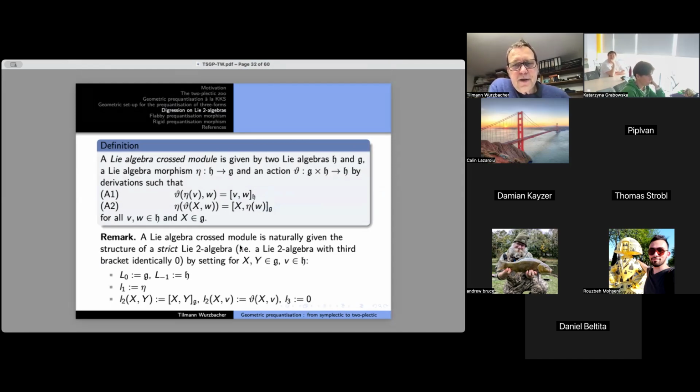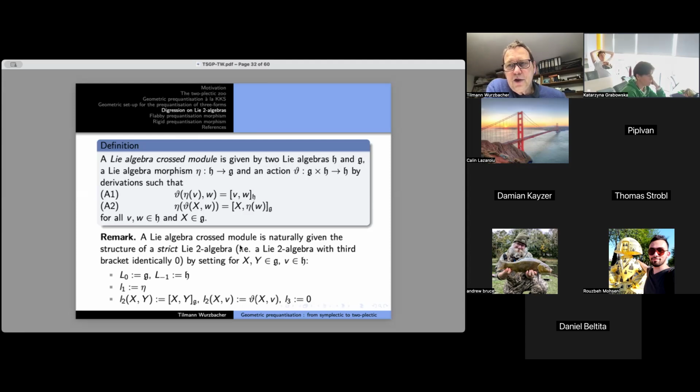And the interesting remark I already made is that a Lie algebra crossed module is essentially the same thing as a strict Lie 2 algebra. So this is a Lie 2 algebra such that the third bracket, the L3, is 0. If you know what a Lie infinity algebra or Lie 2 algebra is, the L3 is important to correct the absence of the Jacobi identity.